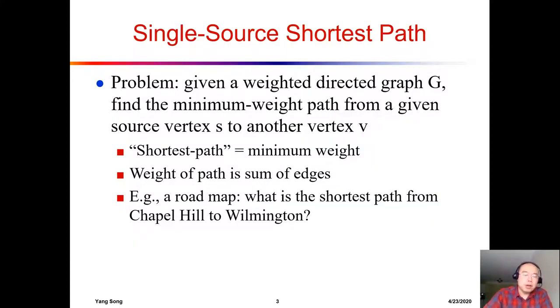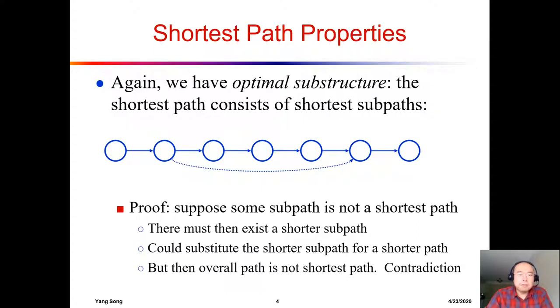From Raleigh to Wilmington we can do I-40 the entire way, and since the speed limit is a little higher, I suspect the travel time from Chapel Hill to Raleigh and then to Wilmington might be a little shorter than going from Chapel Hill to Fayetteville and then to Wilmington. So that's the idea of the shortest path.